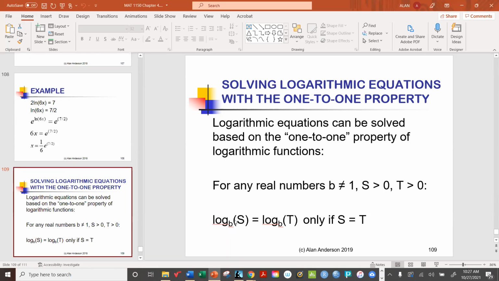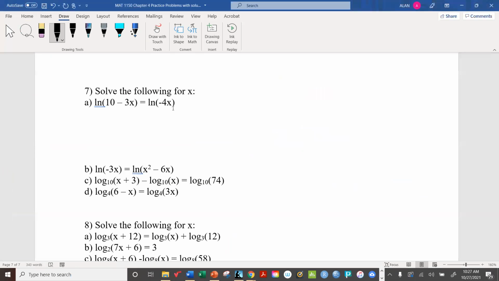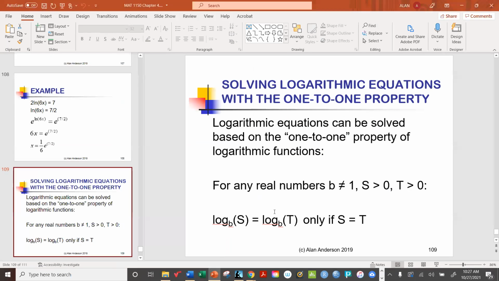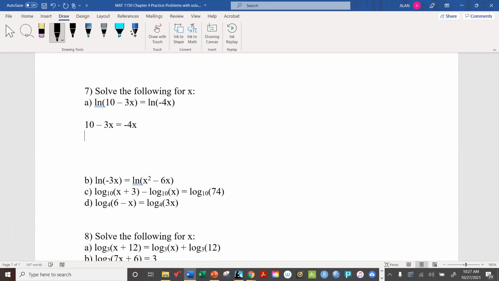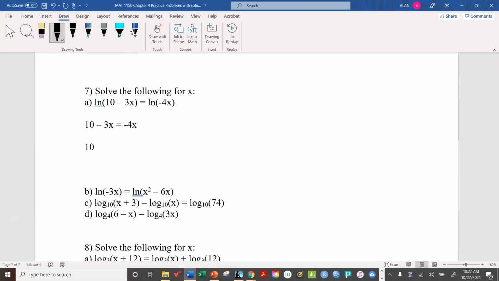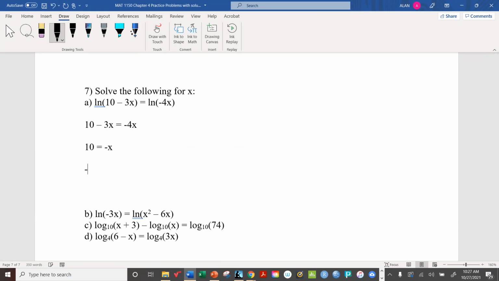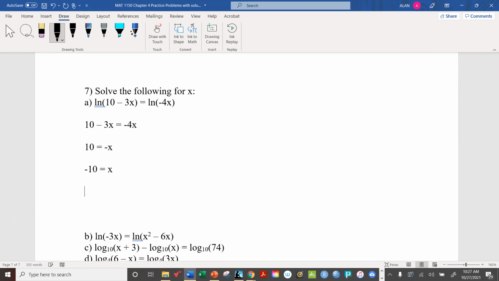If you look at this very carefully, log of 10 minus 3x equals log of negative 4x. Because these are the same log, meaning the same base, all you have to do is rewrite this as 10 minus 3x equals negative 4x, and then solve algebraically. And of course, if you're not sure, you can easily double check.